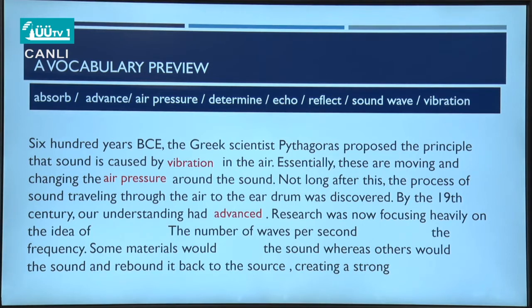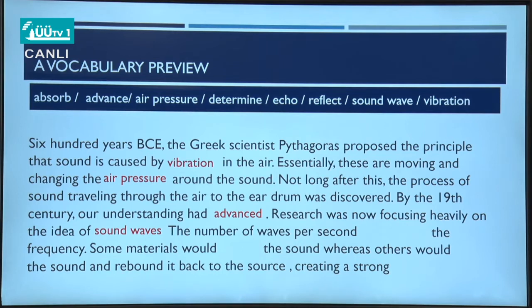Research was now focusing heavily on the idea of sound waves, so now they are focusing on something new, a new technique, for example. They are trying to discover what sound waves are, how sound is moving throughout the air. Okay, the number of waves per second, so we need here the frequency.